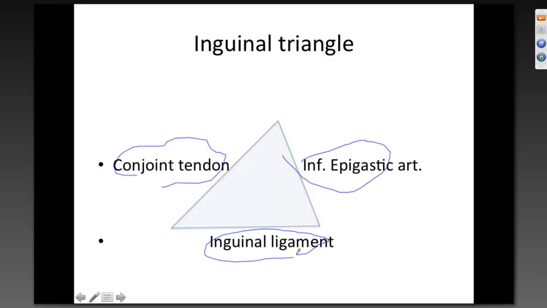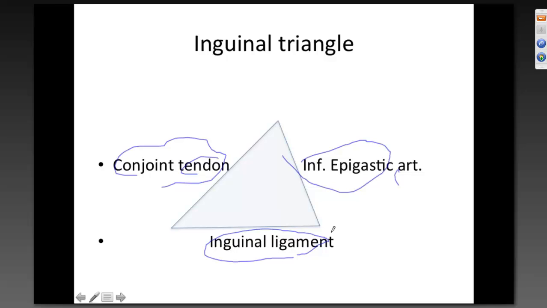Now, this is one of those things you just have to rote memorize because none of the words relate to each other. You know how you usually could say something's superior and something's inferior. If you look at the first word, it's conjoint, and it's inferior, and it's inguinal. If you look at the second word, it's tendon, then there's an artery, and there's a ligament.